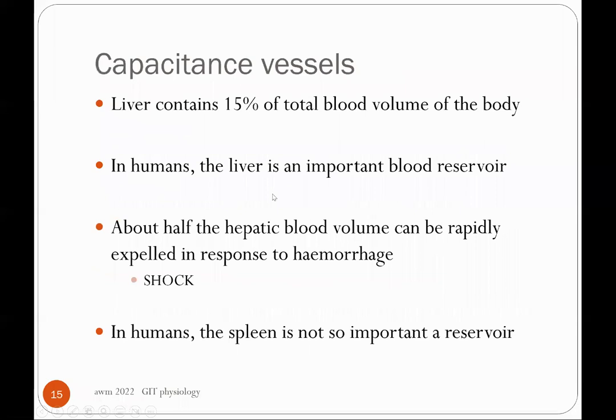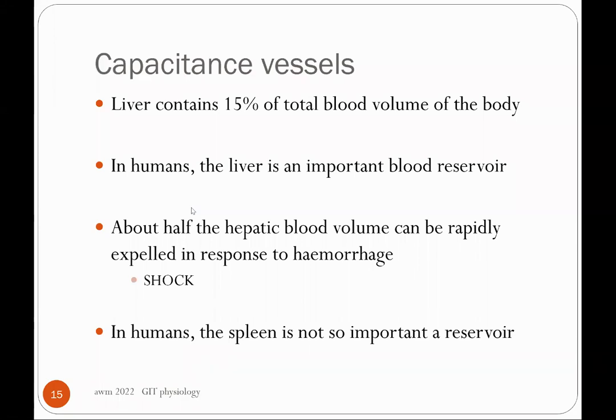But what you need to note is that the liver, because it's a friable tissue, actually contains 15% of the total blood volume of the body. And in humans, the liver is considered an important blood reservoir. About half of the hepatic blood volume can be rapidly expelled in response to hemorrhagic loss of blood.